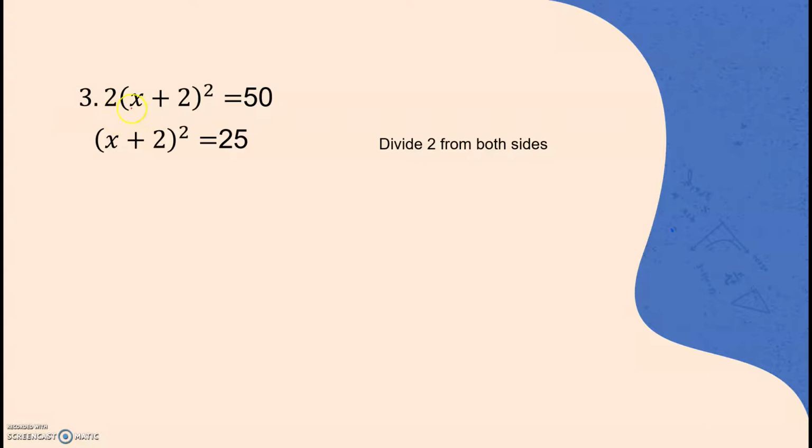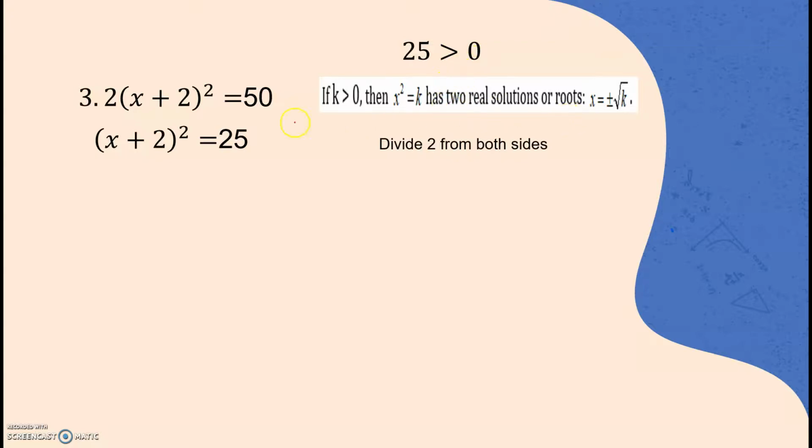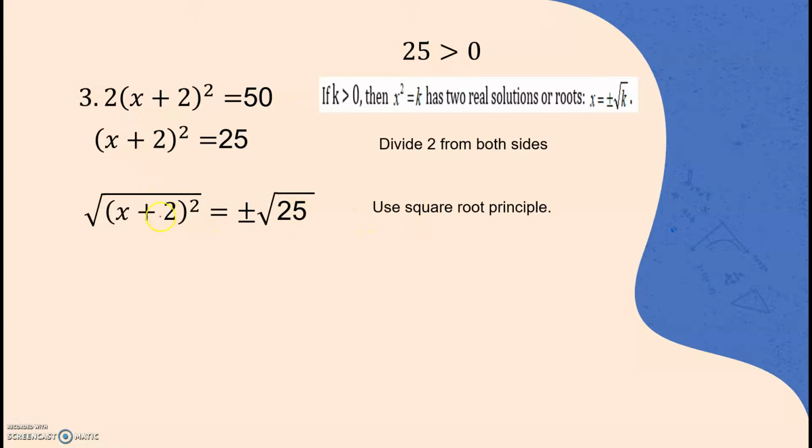When you divide, this cancels, and 50 divided by 2 becomes 25 on the other side. So, x plus 2 squared equals 25. After that, notice that k is greater than 0, right? So again, it has two real solutions. Now we take the principal square root and cancel the square on both sides.